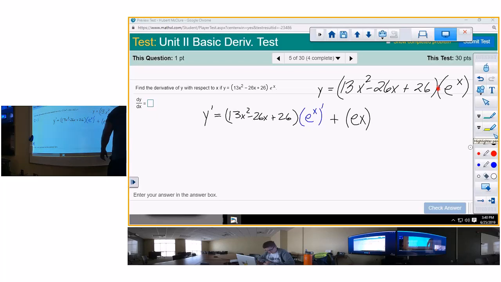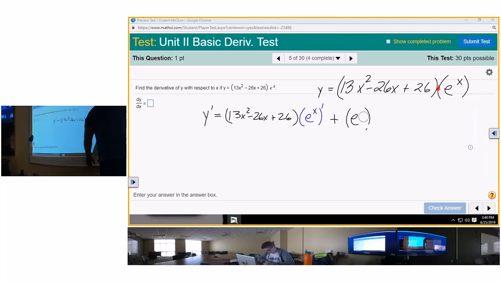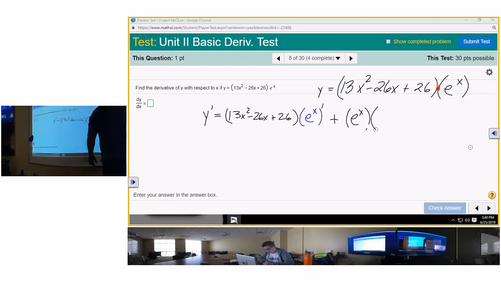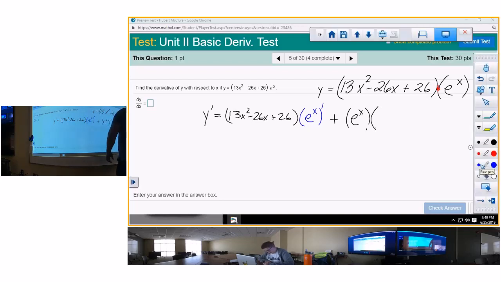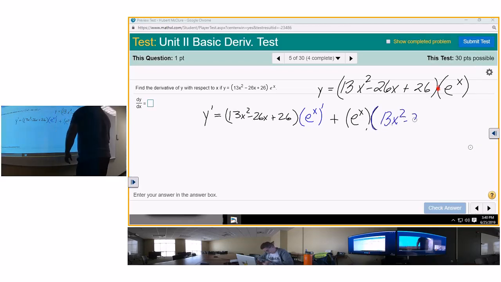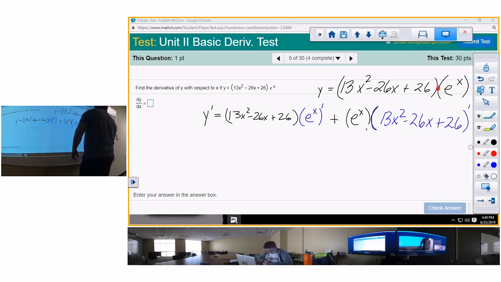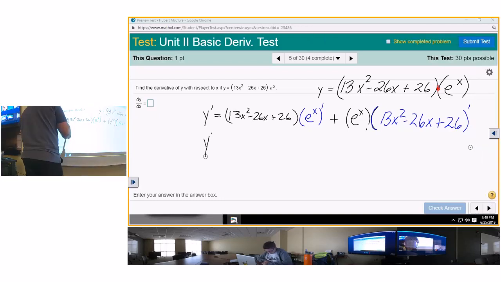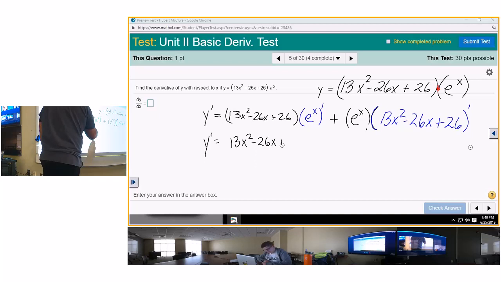I didn't even put it. And I'll put that in blue. And that will be 13x squared minus 26x plus 26. And that's going to give us y prime is equal to 13x squared minus 26x plus 26.